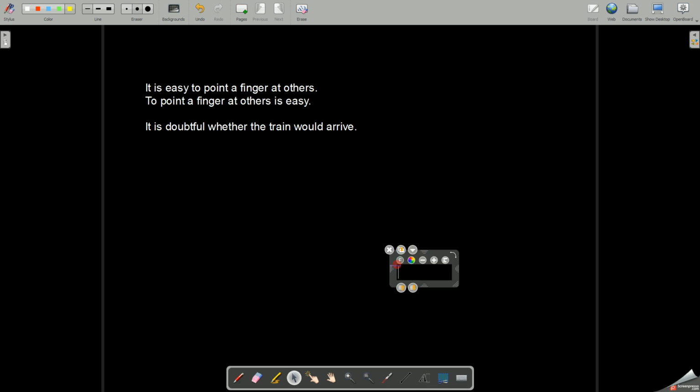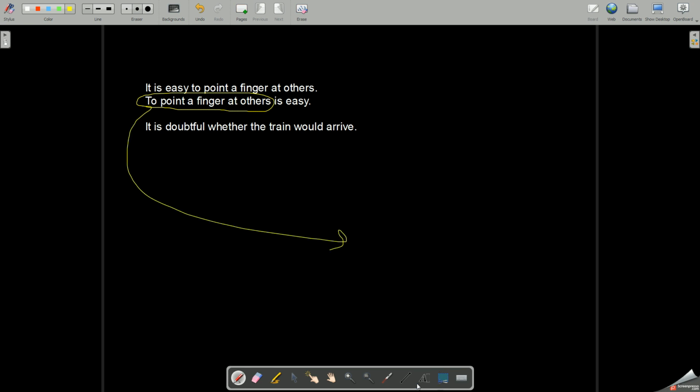So when I say this, I can refer to this part, to point a finger at others, as the subject. I can consider this as the subject, and I can consider this part is easy as the predicate.